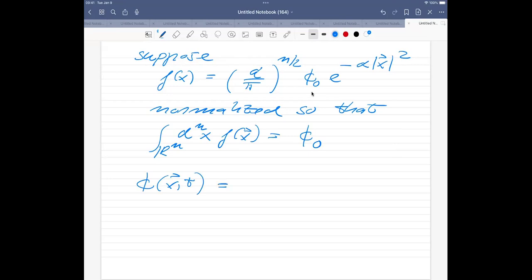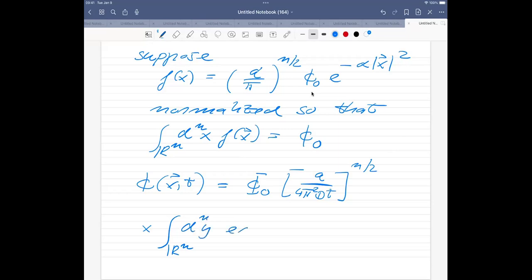If I use that as an example, then I have a constant here, a new constant, a divided by 4 pi d t, to the power of n half. This is multiplied with an integral over all the spatial degrees of freedom, dy. And this is then multiplied with the exponential of minus this parameter alpha times y squared, minus x minus y squared divided by 4dt.